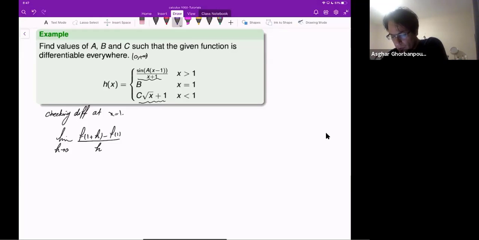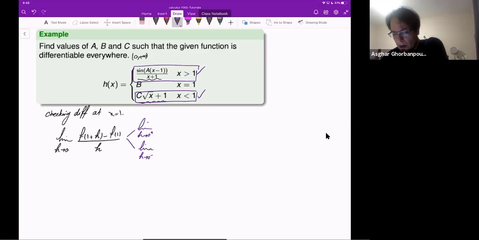Here, you right away notice that we have to get closer to 1 either from the left, so that this piece will come out, or from the right, so that the other will come out. So definitely we need to separate this into two limits, either h goes to 0 from the left or h goes to 0 from the right.